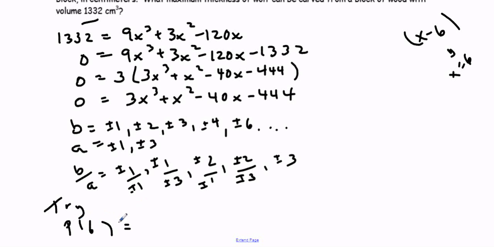Okay, so P of 6 is going to be, and we're using this equation here because we've simplified it, 3 times 6 cubed plus 6 squared minus 40 times 6 minus 444. Alrighty. What do we got here? 6 cubed is 216 times 3 is 648.